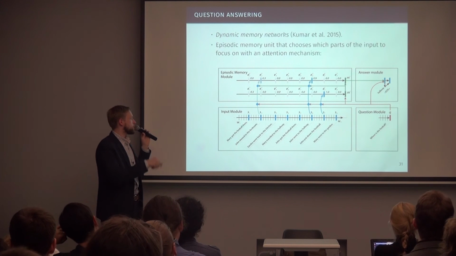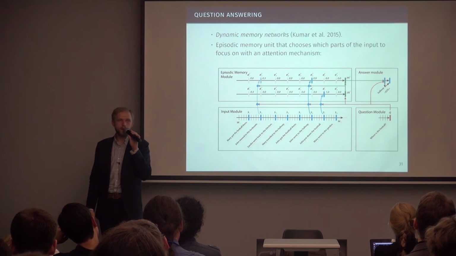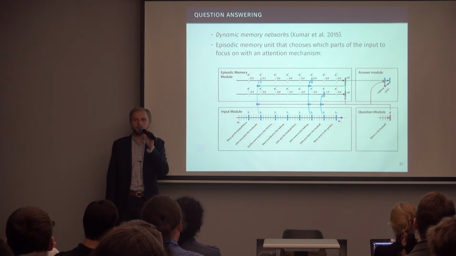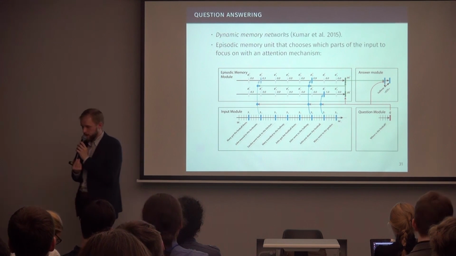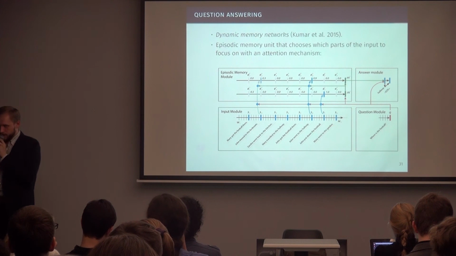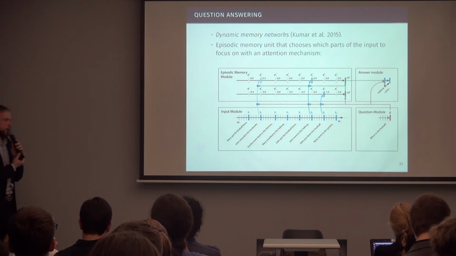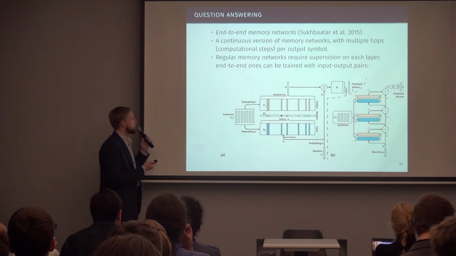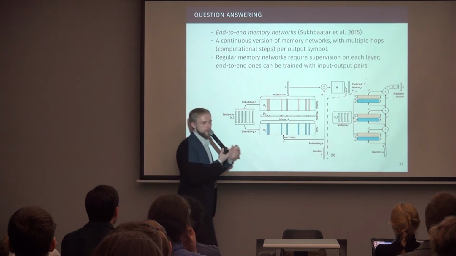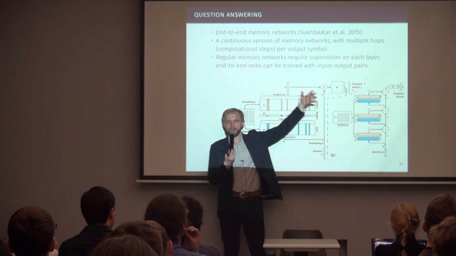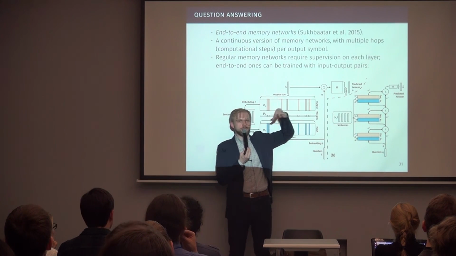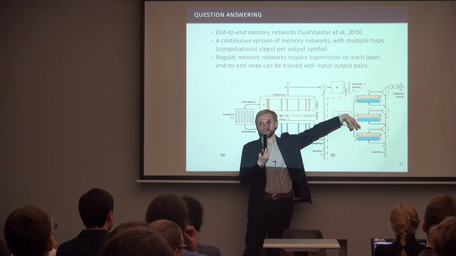So what people actually do is they do some kind of a memory network. I will not go into detail on how they work, but this is a very rapidly growing field where basically you have models. Let me show a picture like this. You have models where you have a memory, and then the neural networks try to learn how to operate this memory.